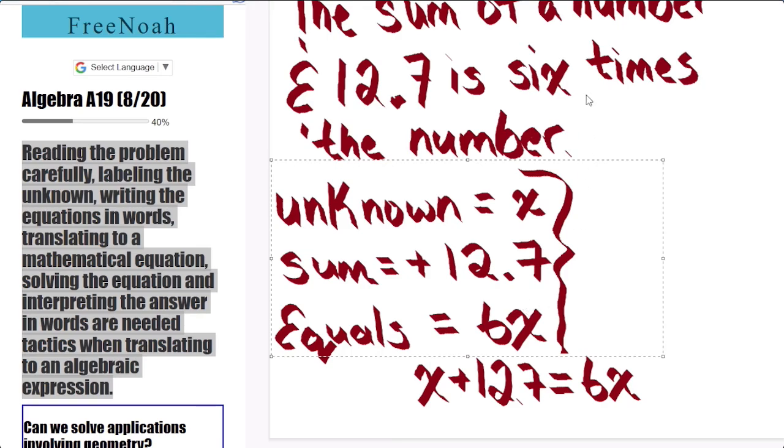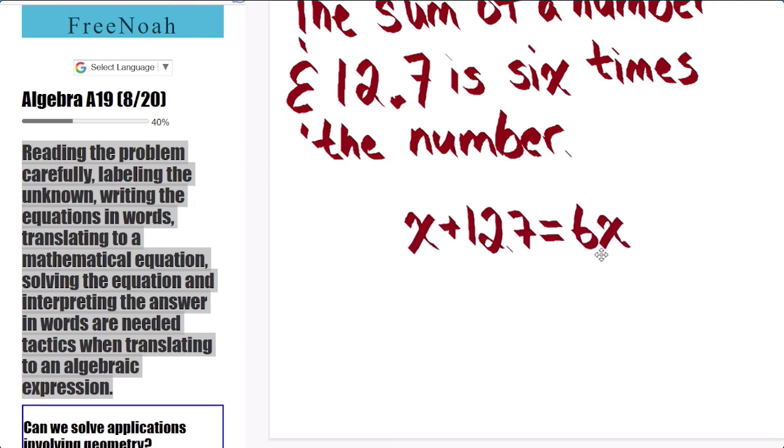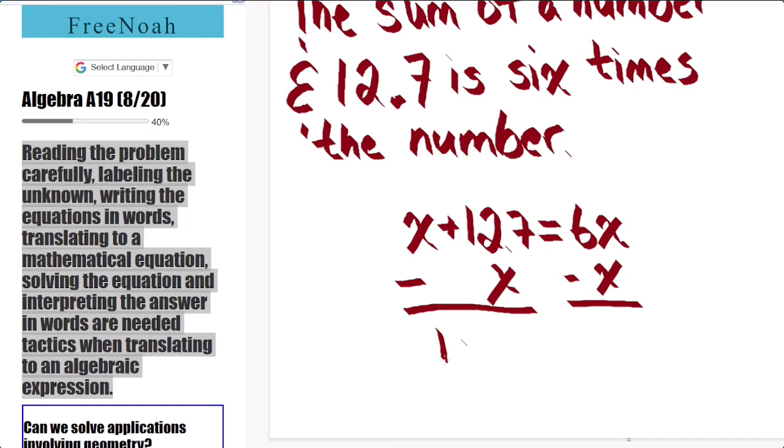So now we have x plus 12 and 7 tenths equals 6x. Let's subtract x from both sides of the equal sign. Minus x. Okay, on the left side, we managed to isolate 12 and 7 tenths, and 6x minus x equals 5x.